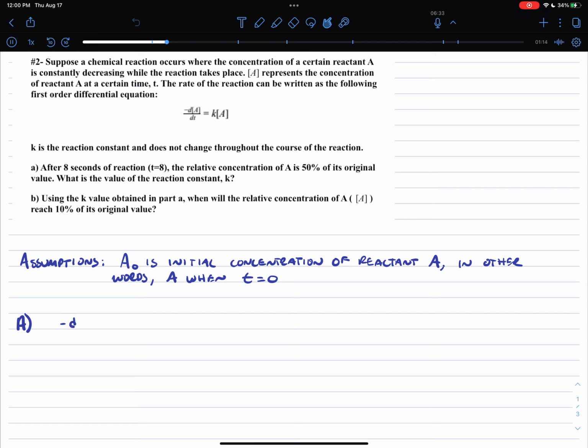So here we have negative dA over dt is equal to K times A. And if we switch our dt, actually we'll do negative dt and our A, we'll get dA over A is equal to negative K dt.